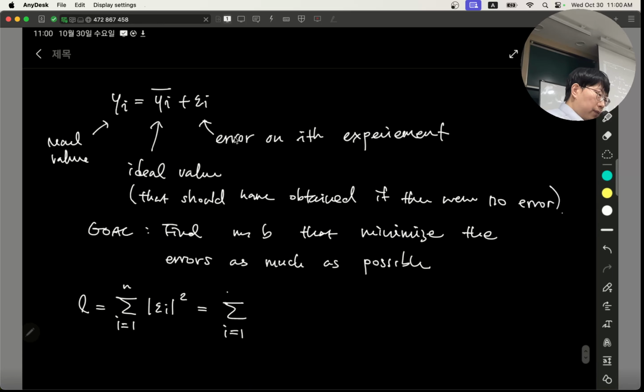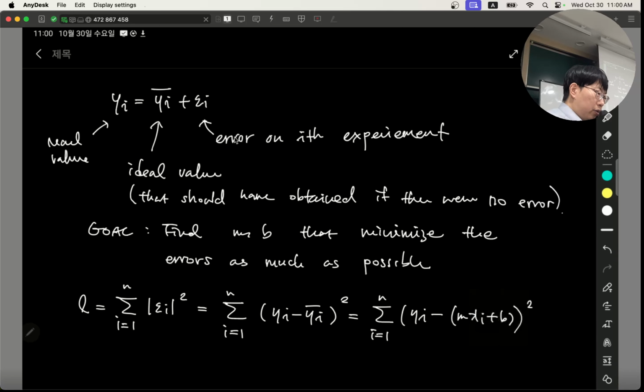So we have yi minus yi bar, squared. yi is already a constant value, already known here. But yi bar is what we have to determine through the slope and the y-intercept. So it's m xi plus b, squared.